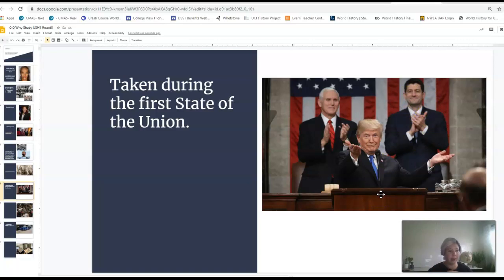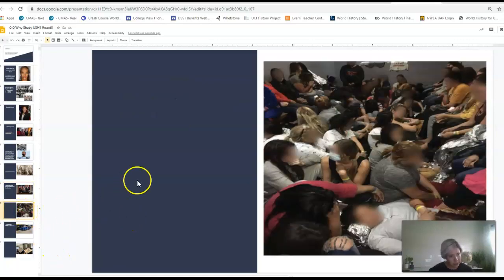He subsequently had other States of the Union, where he basically talks about how great the United States is doing and how great of a leader he is, etc., etc. Why would I be showing you this image, particularly this year? So what's significant about studying American history in this kind of year particularly? So think about that.